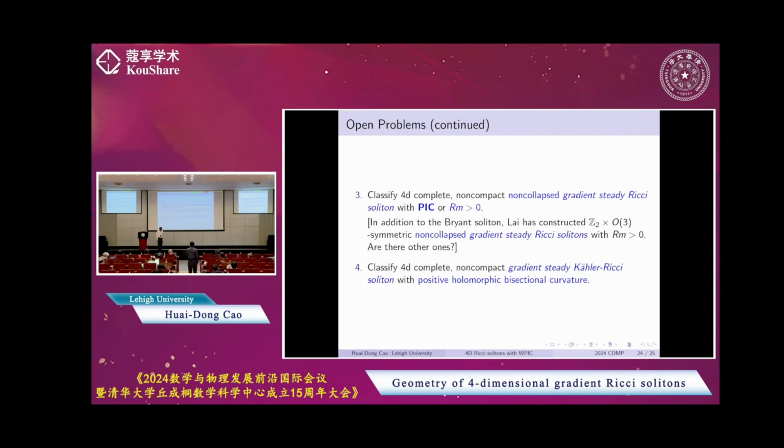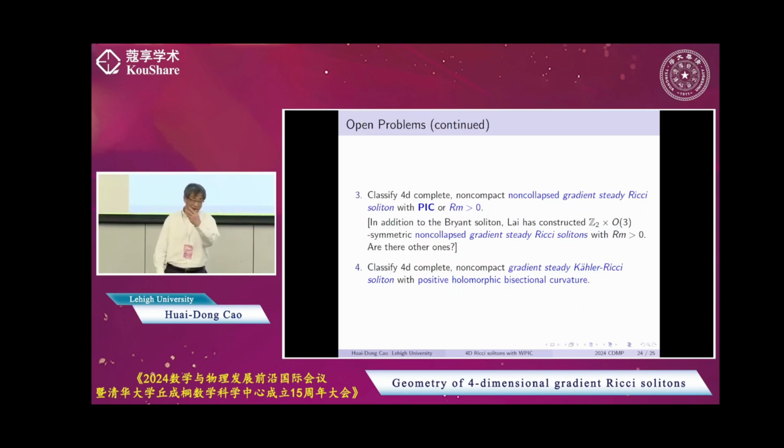If you're optimistic, you may say maybe the rigid solitons are all complex, or maybe all Kähler. We don't know, and that's a big question. Under some additional assumptions you can prove it, but otherwise it's wide open. Even how to get an almost complex structure is an essential question.